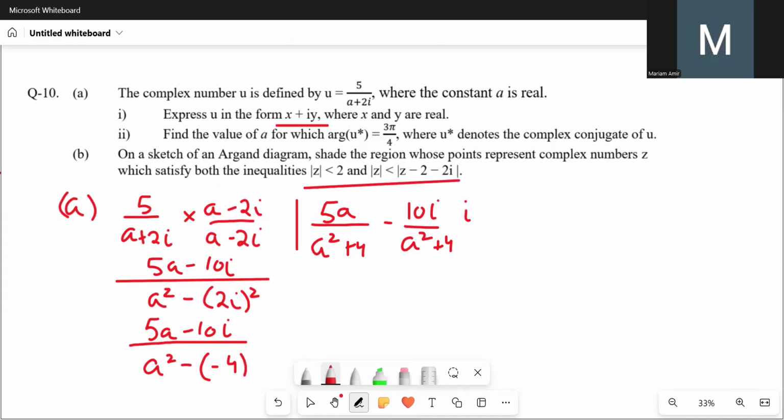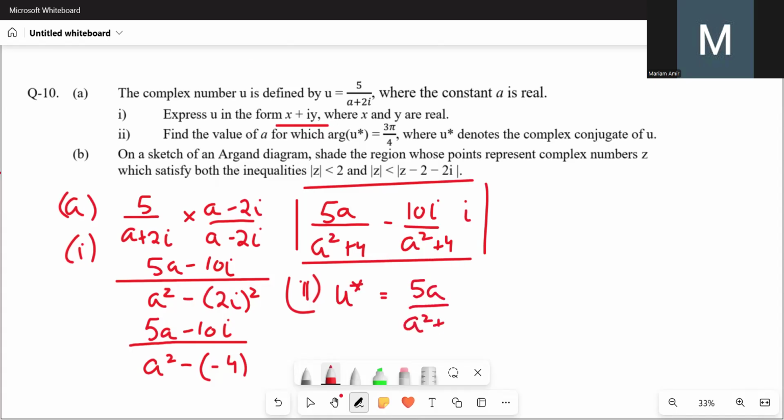Part 2, find the value of a for which argument of u conjugate is equal to 3 pi by 4. So let's write u conjugate first. It's going to be 5a over a square plus 4 plus 10 iota over a square plus 4.